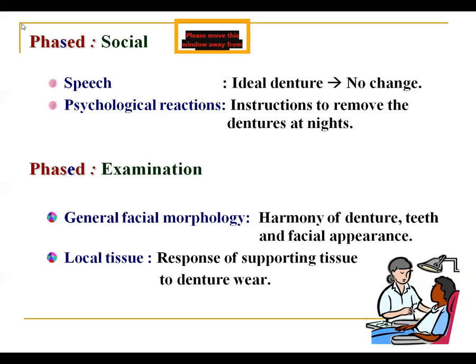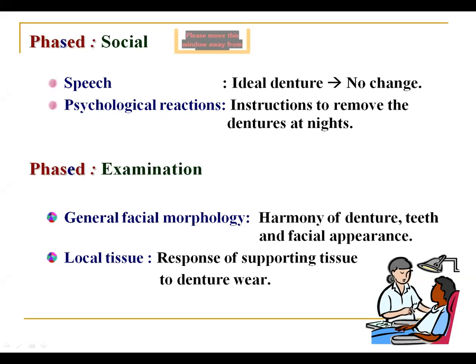Then again examination. E for your examination. What examination are you going to do? General facial morphology of the patient and localized tissue examination. What things are you going to check for general facial morphology? Harmony of denture, teeth and facial appearance.